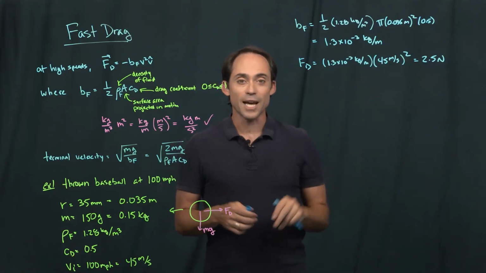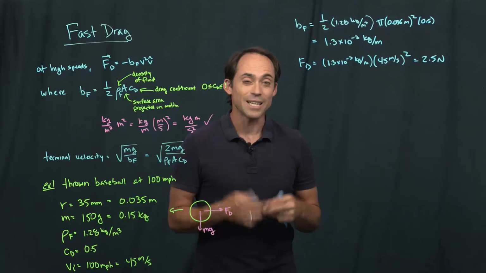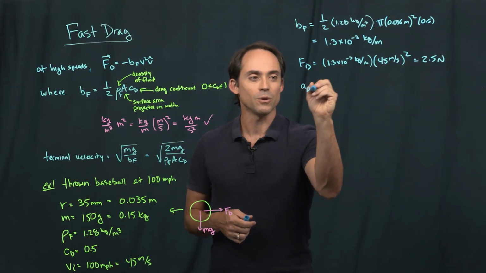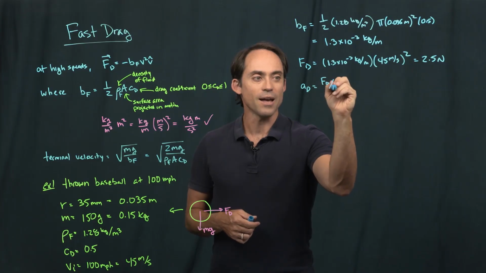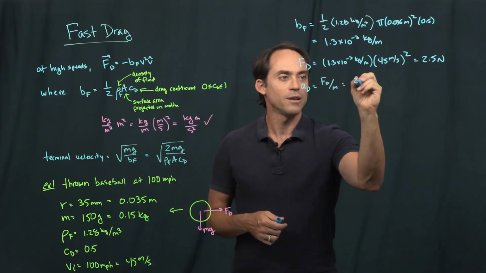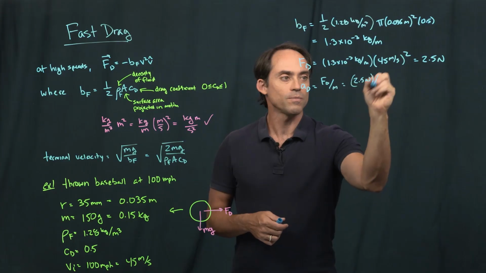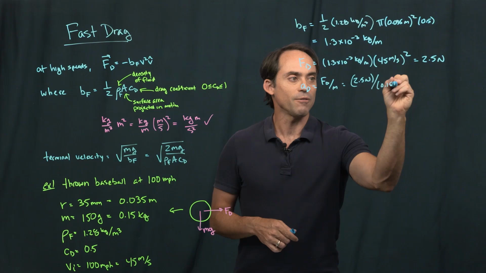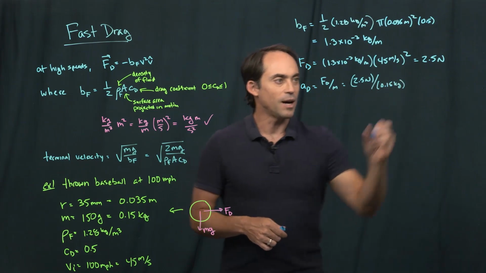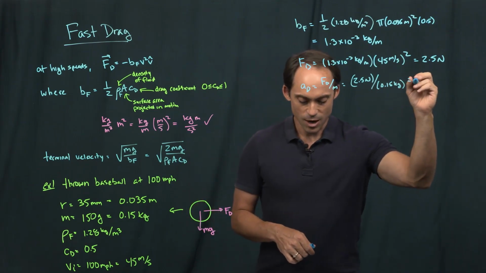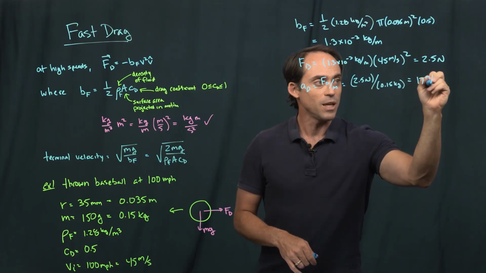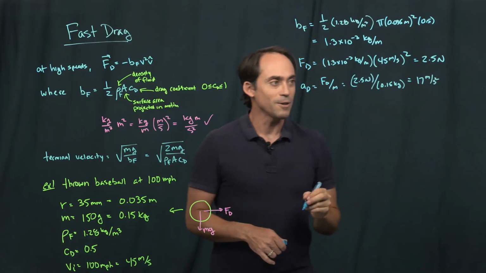Okay, so that's the force acting on the baseball. Let's look at the acceleration of the baseball due to this force. Well, that's just equal to the force over its mass. All right, so we've got 2.5 newtons divided by the mass, which we worked out to be 0.15 kilograms. And this is equal to 17 meters per second squared.